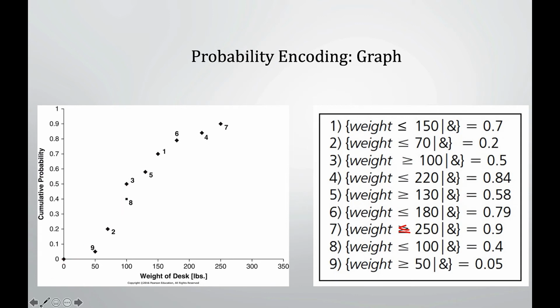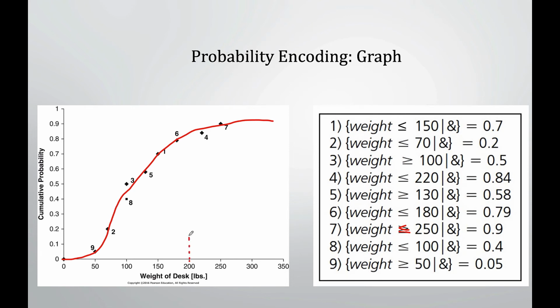Let's do that. If we draw a graph that goes like this, here we have some problem, but then we can go along like this. If we do that, then here, suppose you're looking at 200 pounds.